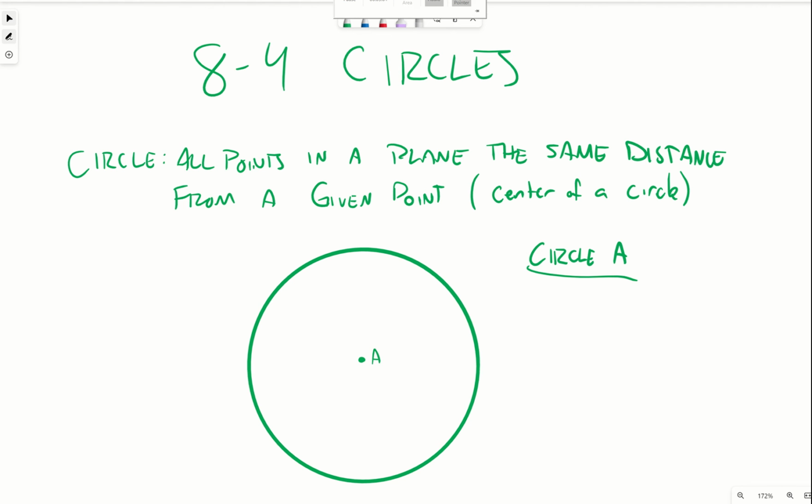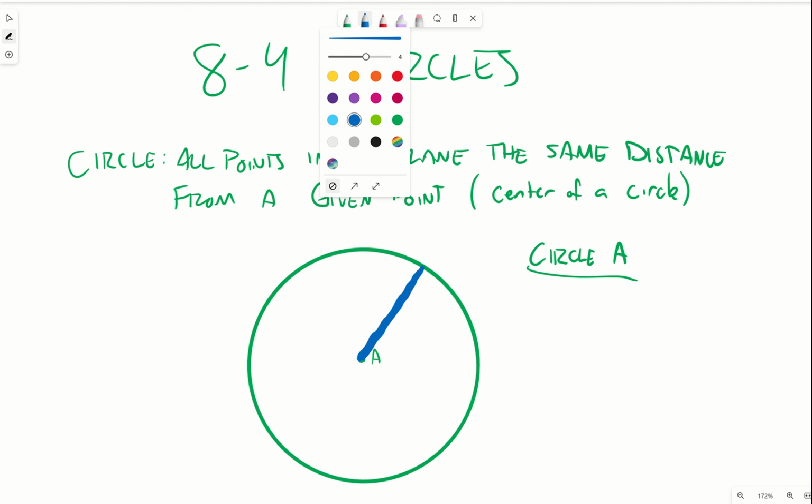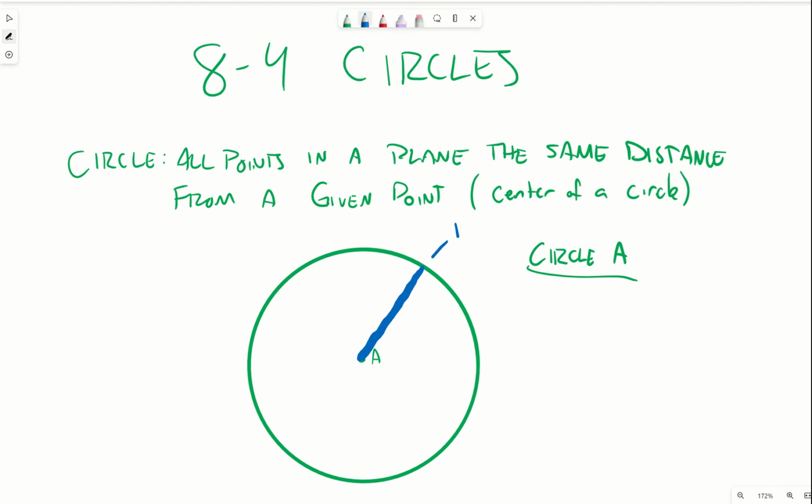So we have things like this, which is a line from the outside of a circle right to the center. This one is called the radius, or radii. And that is a radius.